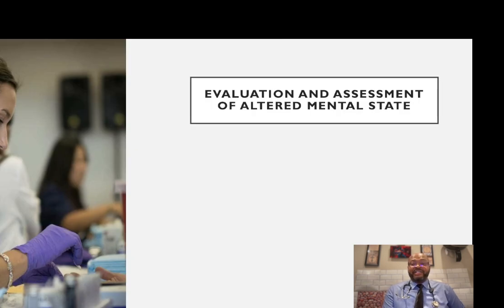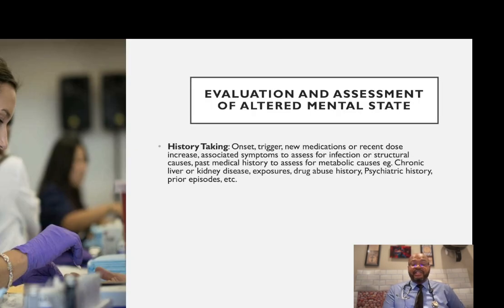So how do you evaluate a patient with altered mental status? One, again, your history taking, considering all those possible causes. You want to know the onset, if there was a trigger, if there was any new medication, recent dose increase, or interactions with medications, associated symptoms to assess if there is an infection like fever, structural causes, past medical history to assess for metabolic causes like chronic liver or kidney disease in cases of hepatic encephalopathy or uremia, exposures, drug abuse history, psychiatric history, prior episodes.